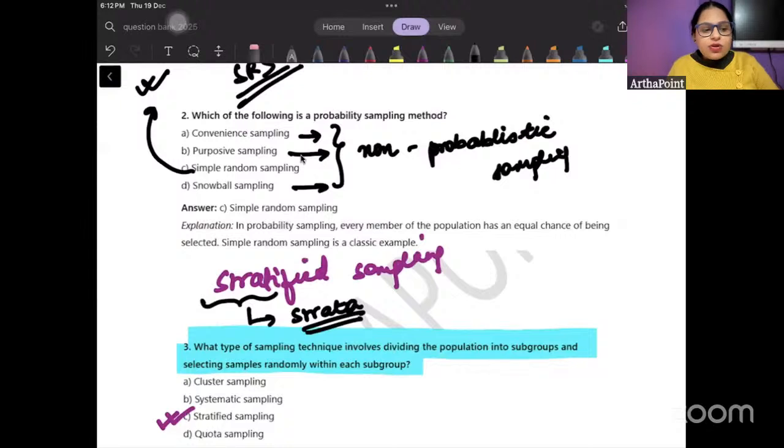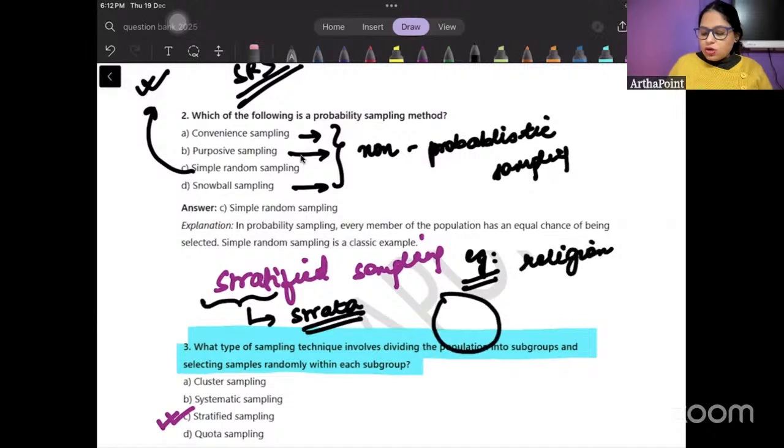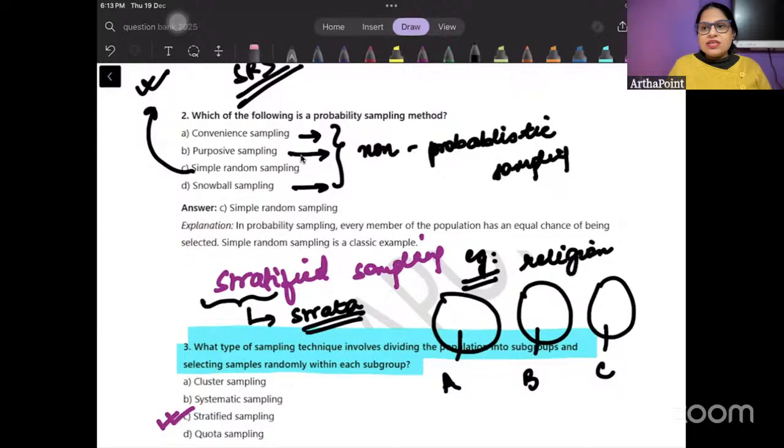For example, I can create strata based on religion: all people belonging to religion A one stratum, religion B a second stratum, religion C a third stratum.